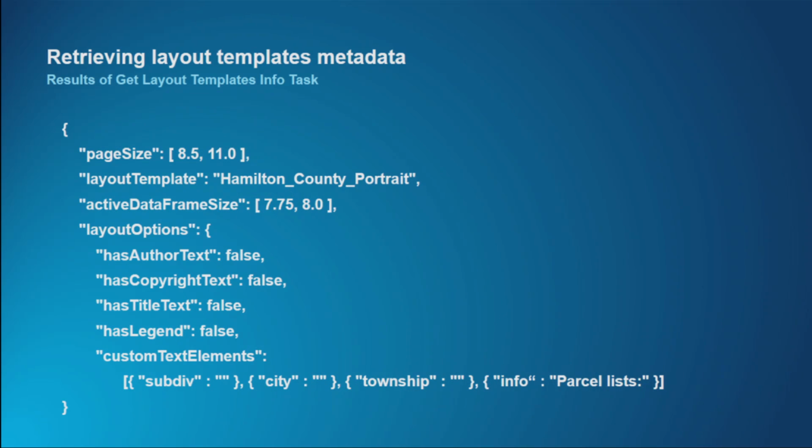And really it just returns this simple JSON structure back, and it's telling you whether or not the layout has copyright text or title text and things like that, and then if it has custom text elements, and if it does, what their names are. So this is really useful if you want to get into a specific configuration of a layout template and really having a user interface where you can feed in particular named text elements to get the layout you desire.